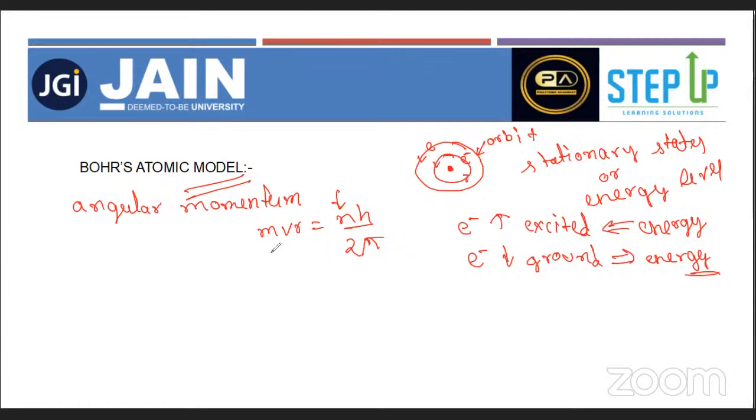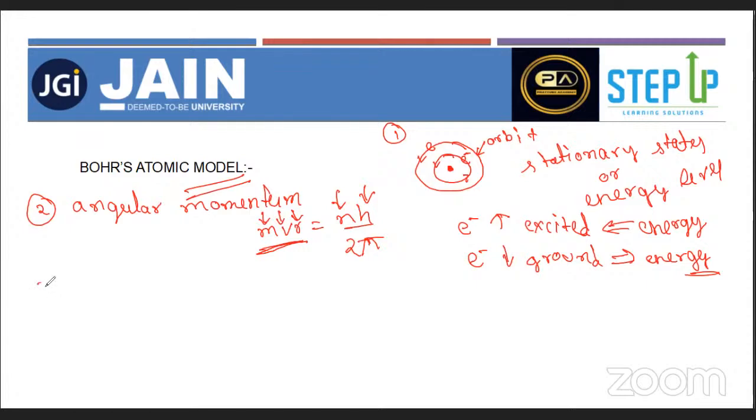Here mvr is the angular momentum, m is mass, v is velocity, r is the radius, and h is Planck's constant. This was his second point, and the first point was the stationary orbits. In the second point, he said angular momentum is an integral multiple of h by 2 pi, so we write it in this form.